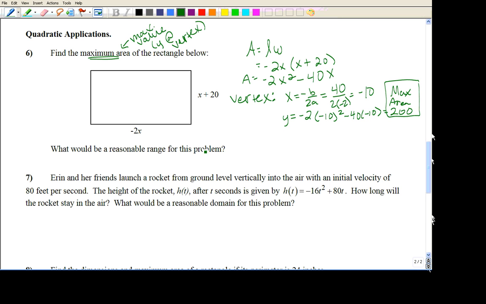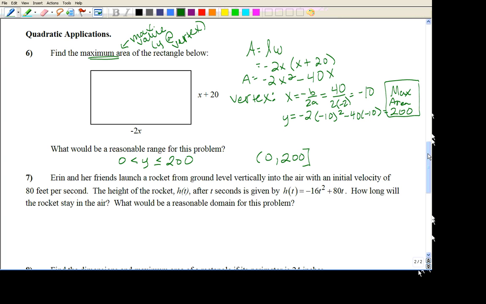So if we know that the maximum area is 200, it has to be less than or equal to 200, but we also don't want it to be 0 because then the rectangle disappears, so it has to be greater than 0. So you could write it in this form, or remember you could also do it in interval notation, just like that. Either of those is fine.